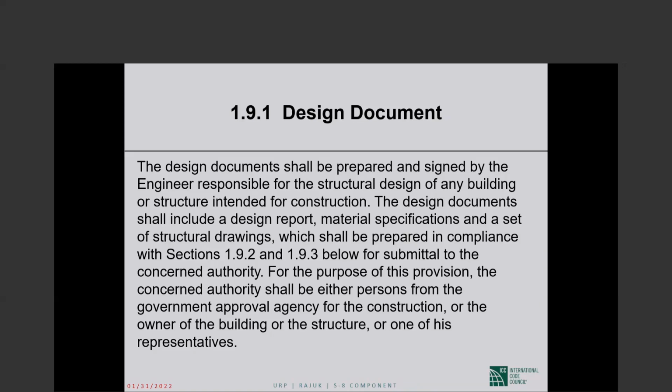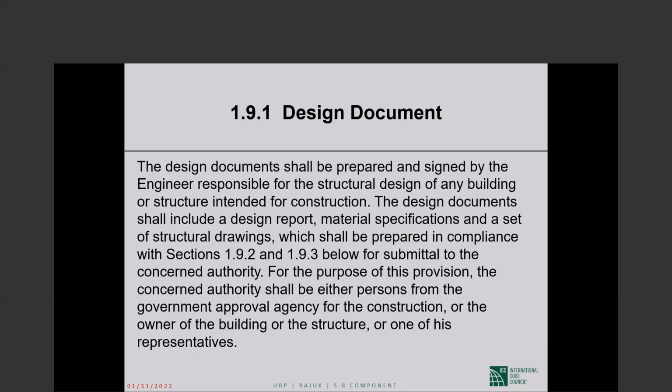So for most of you, the concerned authority will be Rajuk, but then there are other authorities in places like Rajshahi or Khulna. Outside of the authorities, how should I say, there are entities to which you should be making your submittal.